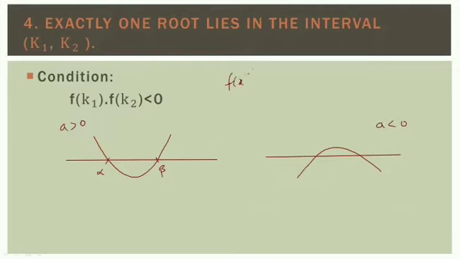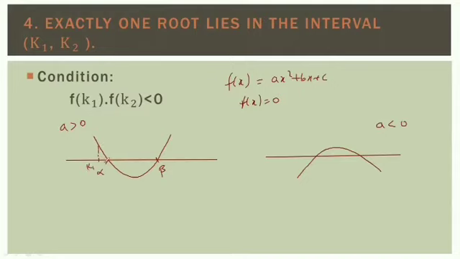We have the function f(x) equal to ax square plus bx plus c, and the equation is f(x) equal to 0. What this condition says is that we have exactly one root which lies in the interval k1 and k2. So let's say this alpha in this case is lying between k1 and k2.